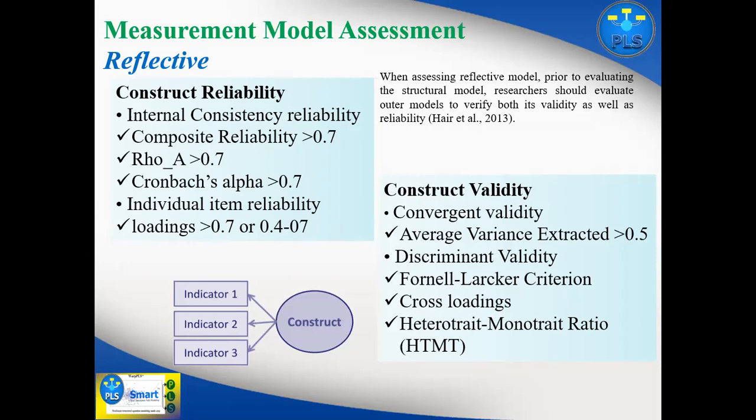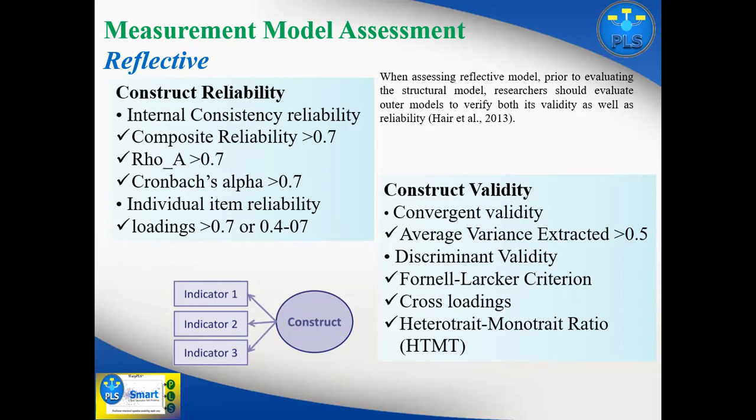So in order to see whether we achieve reliability or not, we look at the following. Number one, we look at the internal consistency reliability. In the internal consistency reliability, we are looking at three things. We call it composite reliability, Dijkstra's rho A, and Cronbach's alpha. All these we want to be above 0.7.